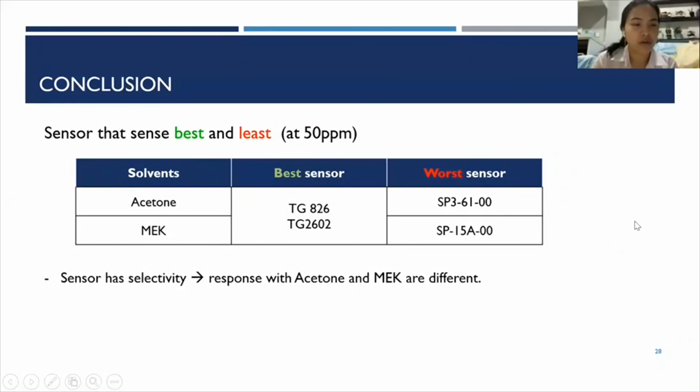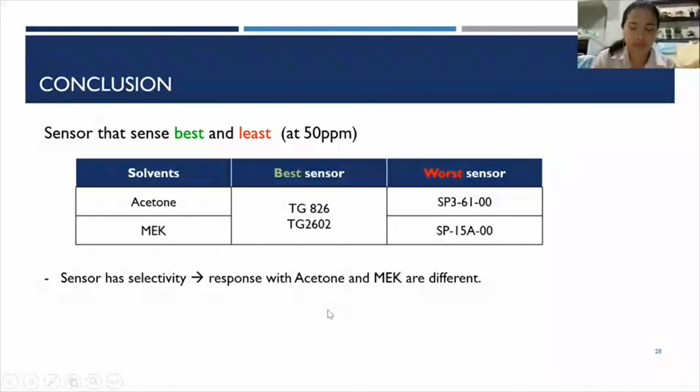And for a conclusion, the sensors that sense acetone and MEK best are TG826 and TG2602. The worst sensor for acetone detection is SP36100, and for MEK it is SP15A00.